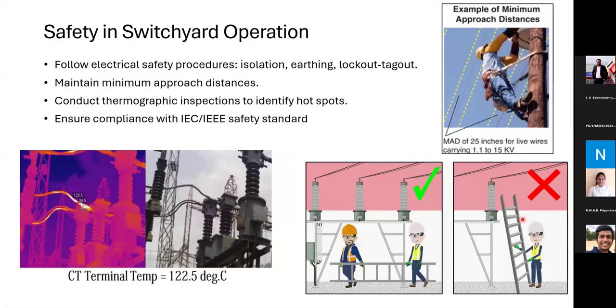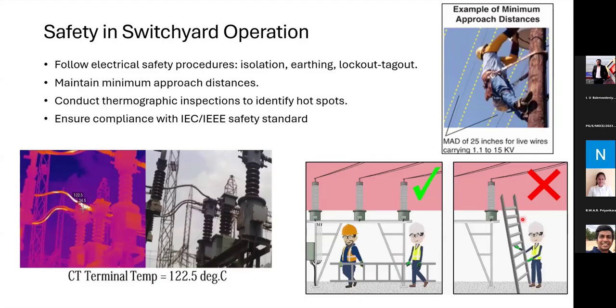For example, a normal engineer who is working in the office might not have the same minimal approach distance as an electrical worker, a technician who is licensed to work in the switchyard.